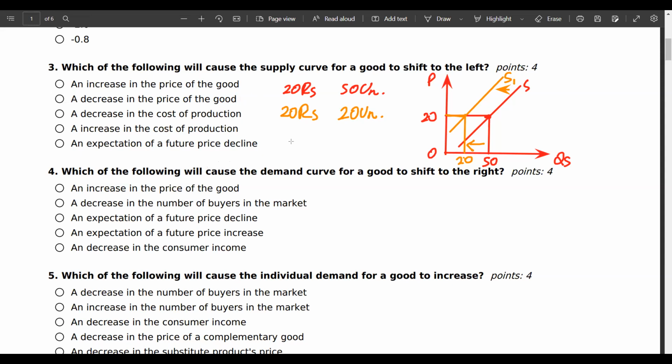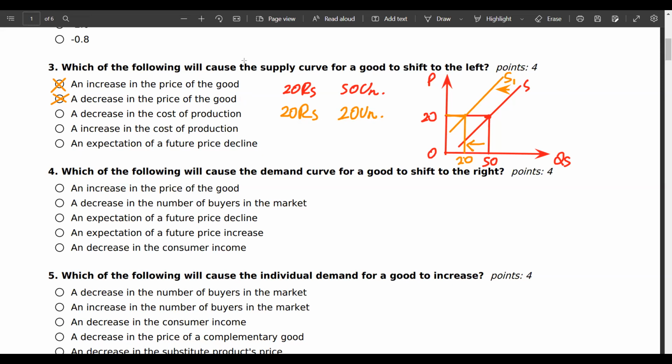As the price has not changed, the first 2 answers are out, because for the curve to shift to the left, price can't change. If there's a change in the price, that would be called a change in quantity supplied, and we know there will be a movement along the supply curve. The curve will not shift. Here, the curve itself is shifting. So you are supposed to go without the first 2 answers.